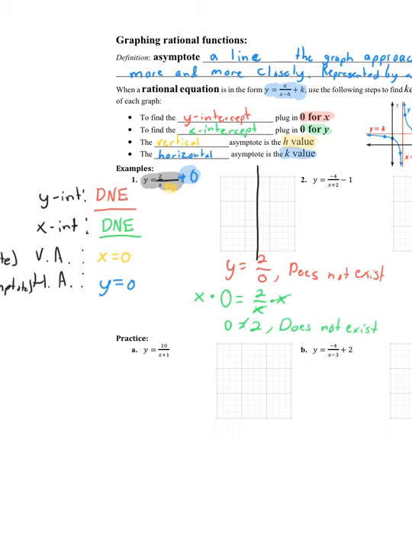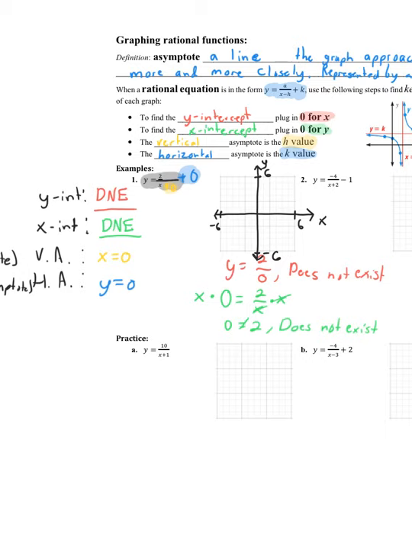All right, now I'm going to go ahead and sketch this graph. I'm going to start by putting my axes together. I'll label my x and y. And I'm going to put a scale on there. We'll just count by ones in all directions. And it's literally just a sketch. I want to know what my intercepts are and what my asymptotes are.